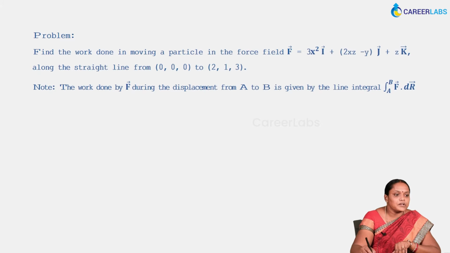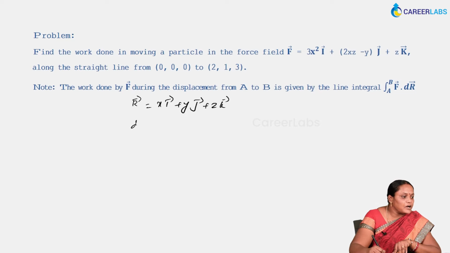So, f vector is already defined, and here we are supposed to write what is r vector. So, r vector is nothing but x i vector plus y j vector plus z k vector. Therefore, dr vector will be equivalent to dx i vector plus dy j vector plus dz k vector.